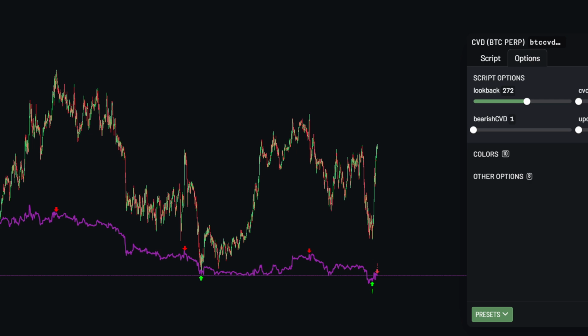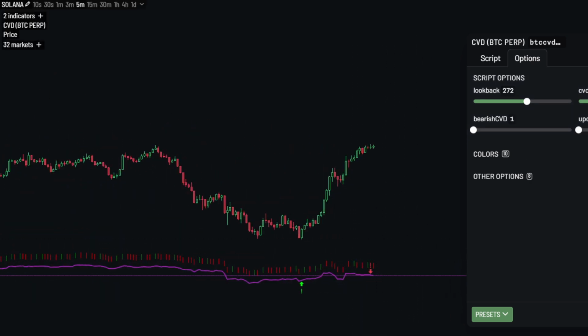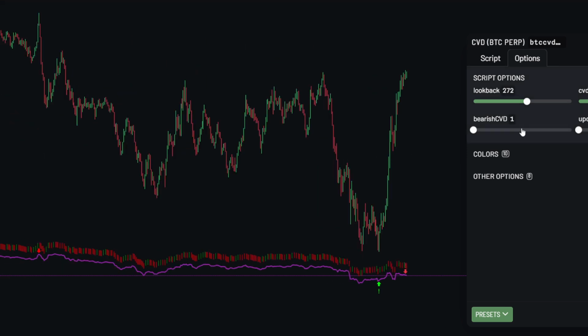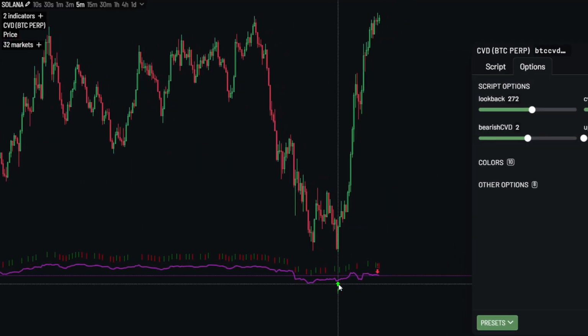And plus, if we take a look at the accumulation of the buyers and the sellers, let's put them at 2. Here we go. So after this signal, we got 4 candles.